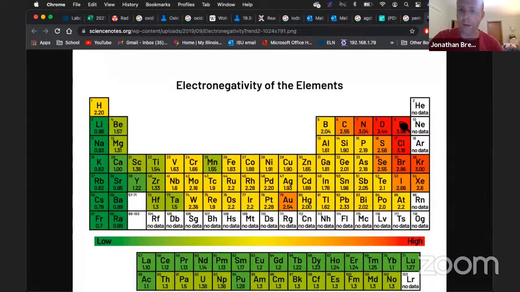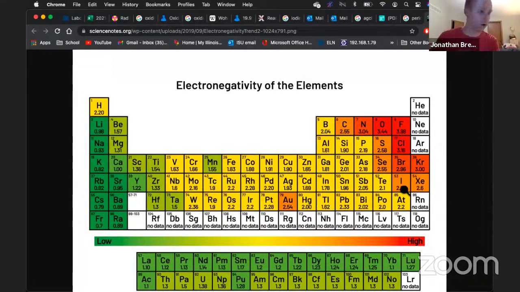Over here, fluorine we see as the most electronegative element there is. Oxygen's the next, but then you see our trend over here as it goes down. So this is the strongest at taking electrons from other things, and as the number gets smaller, the ability to take electrons away gets smaller.